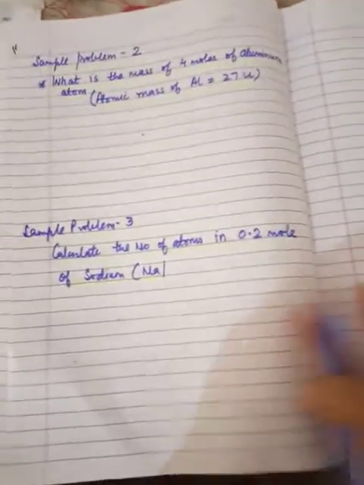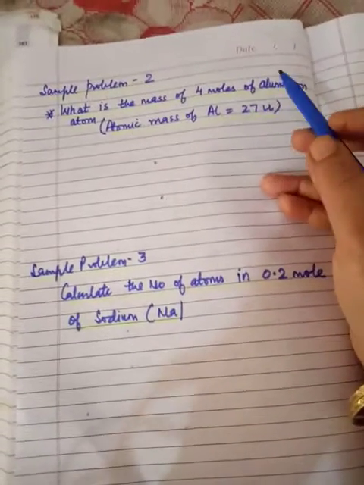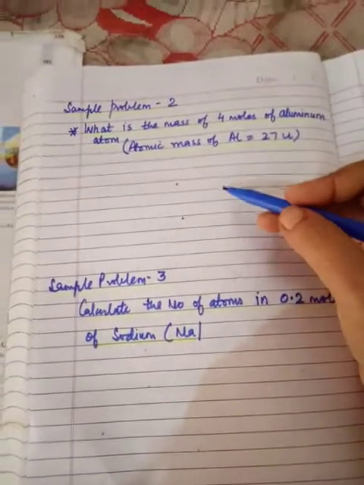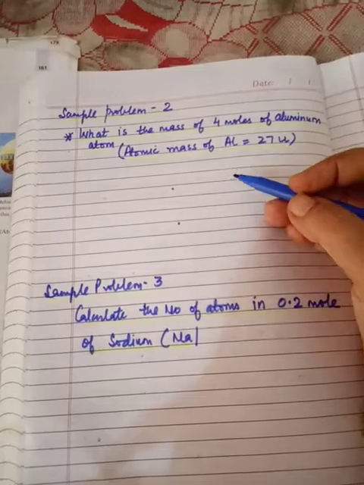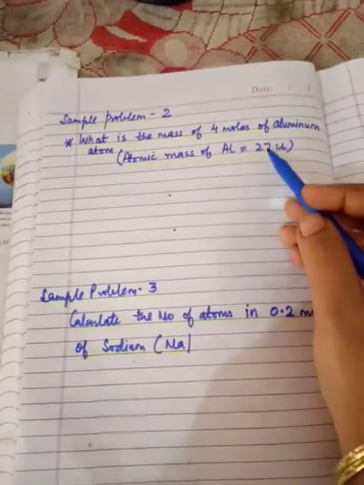Now next, sample problem 2: what is the mass of 4 moles of aluminium atoms? Already given, the atomic mass of aluminium is 27 u.